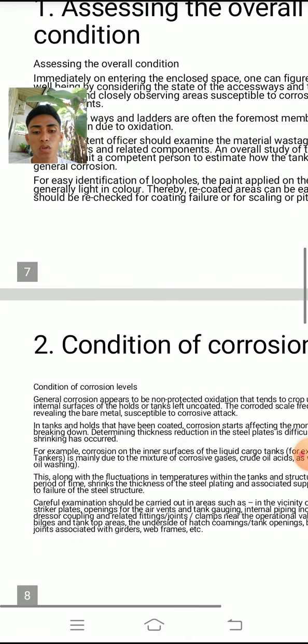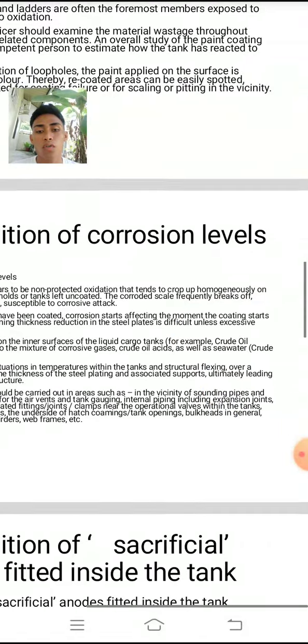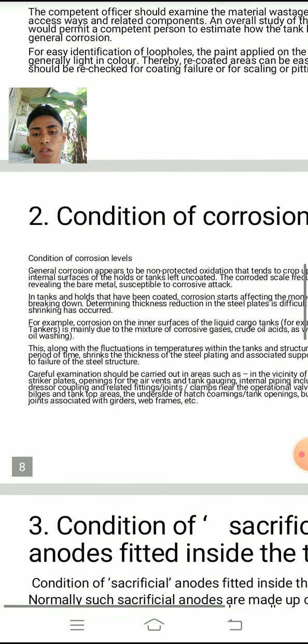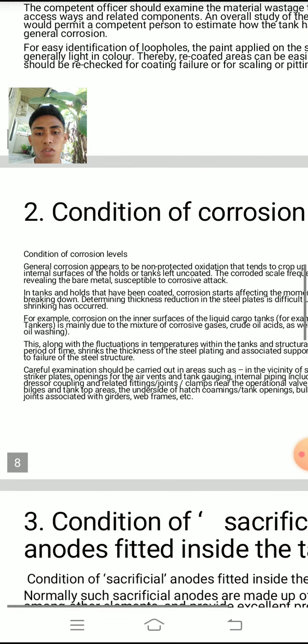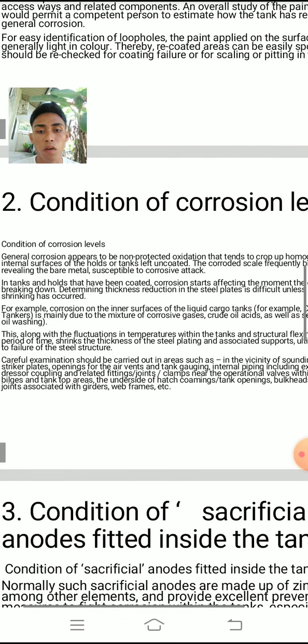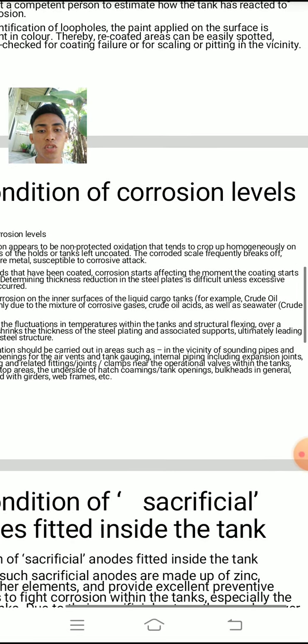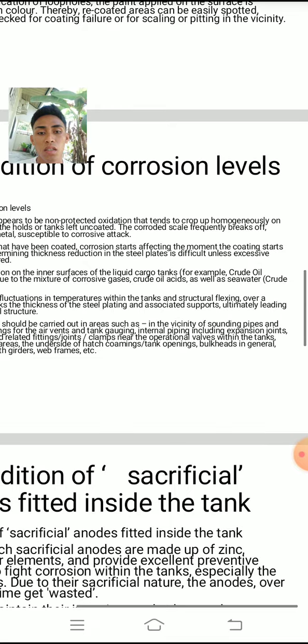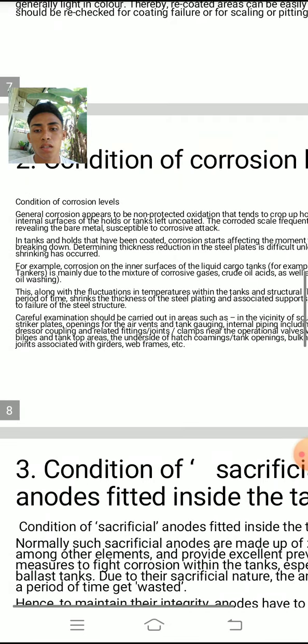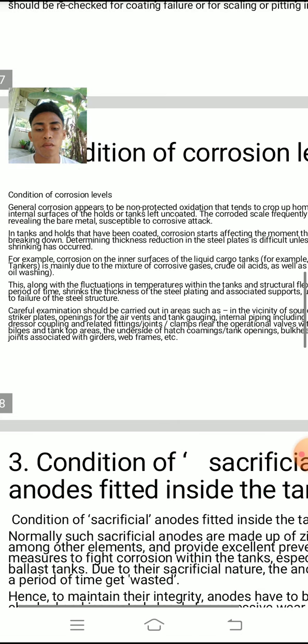Number two, condition of corrosion levels. General corrosion appears to be non-protected oxidation that tends to crop up homogeneously on internal surfaces of the holds and tanks left uncoated.